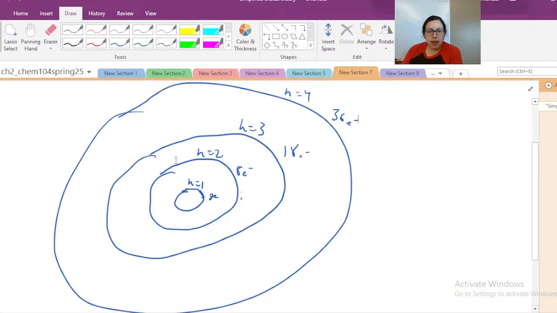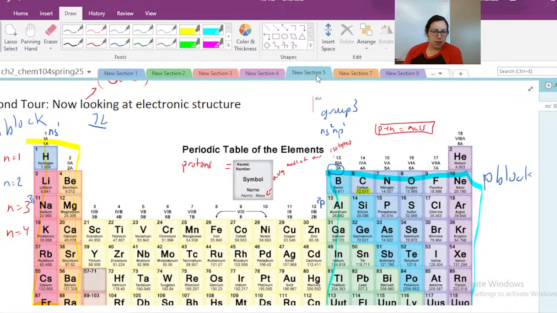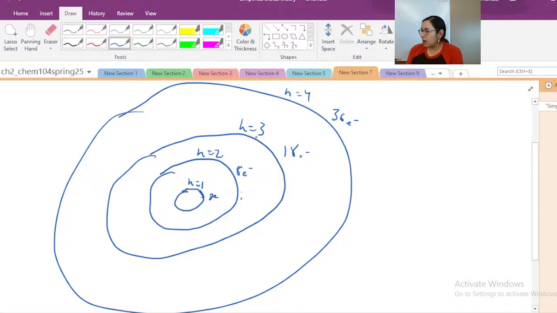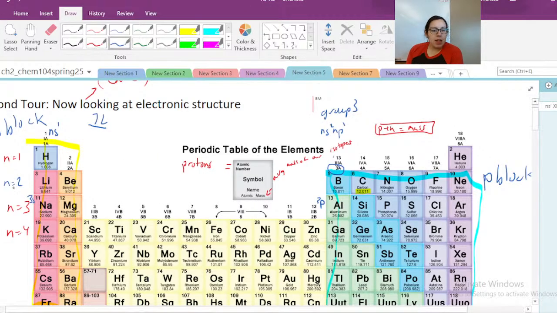Then we had n equals 2, our second energy level. Notice how it has 8 electrons. That is our 2s and our 2p. But then we have n equals 3. It should have 18 electrons, but so far all we've done is our 3s and our 3p here.